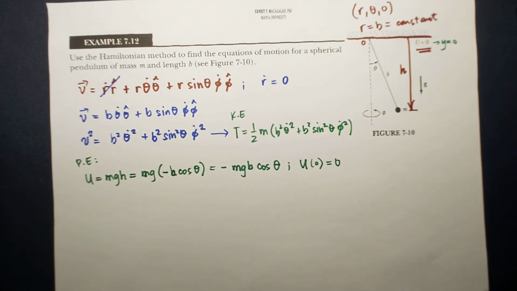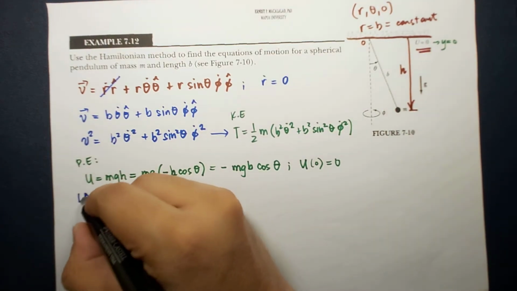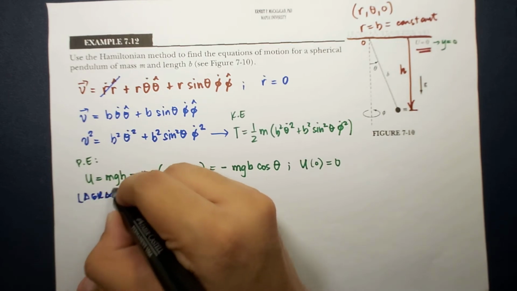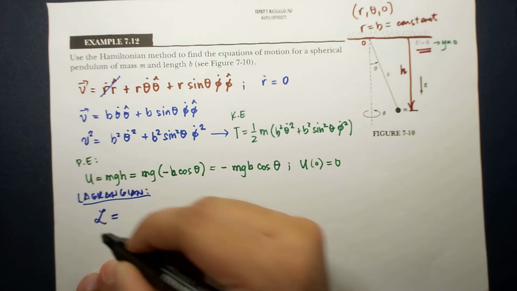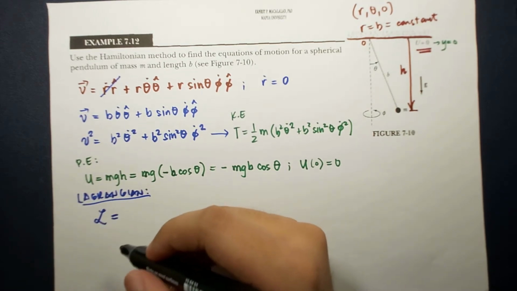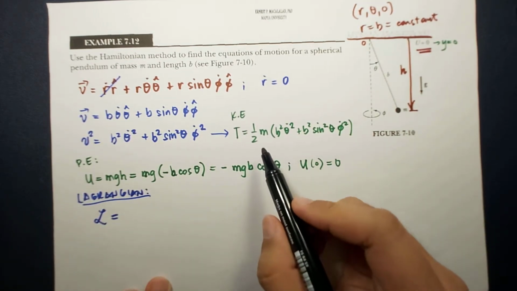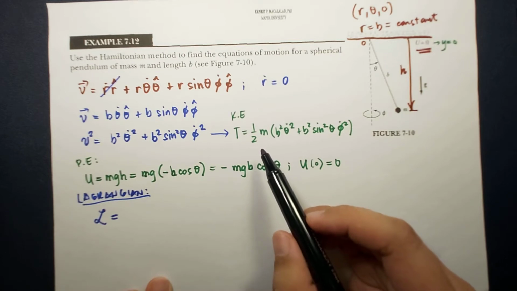Therefore, the Lagrangian becomes L equal to kinetic energy. Let's distribute 1/2 m.